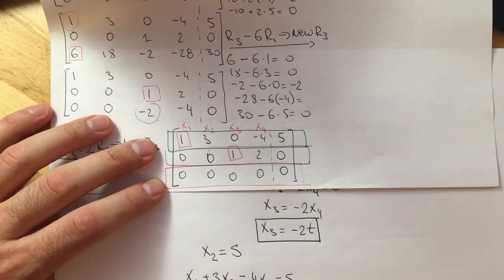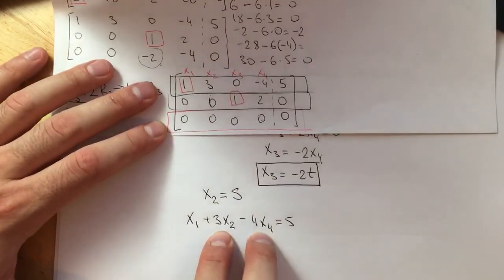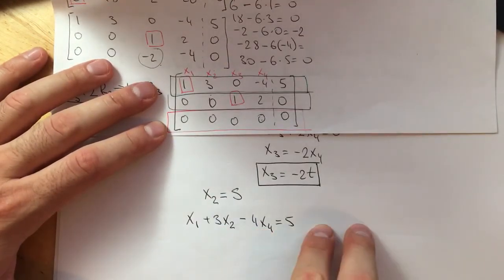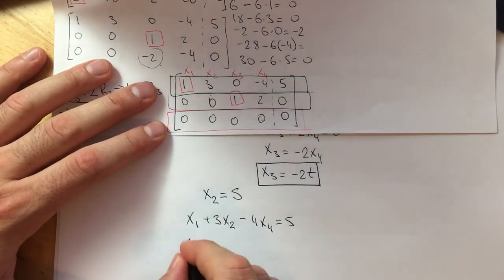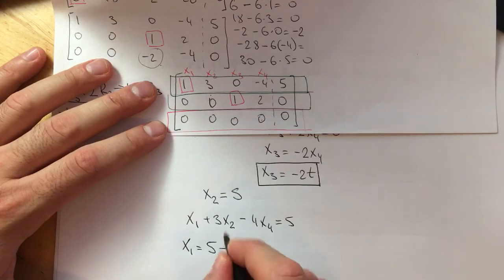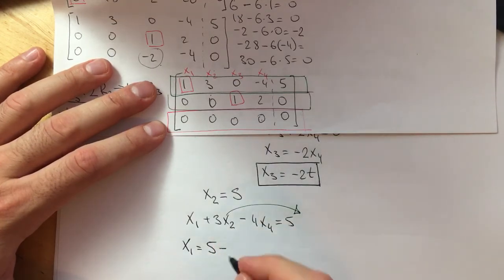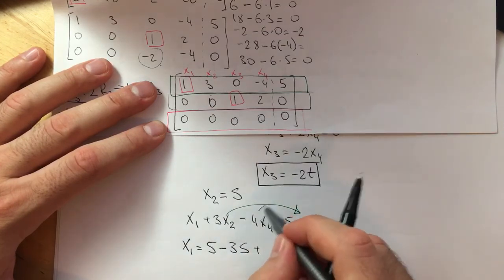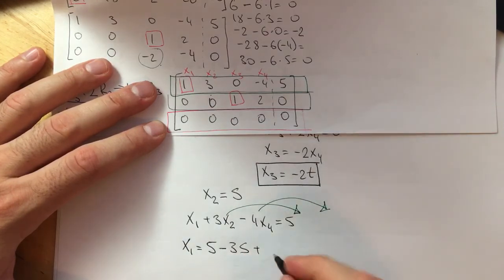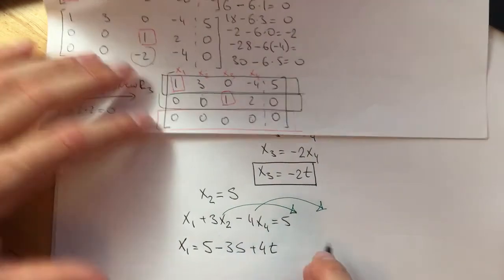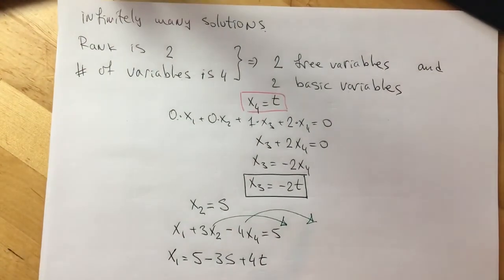But x2 is s and x4 is t, so bring those two terms to the other side of the equation and you get the expression for x1. That's 5 minus 3s plus 4t, because x4 is t.